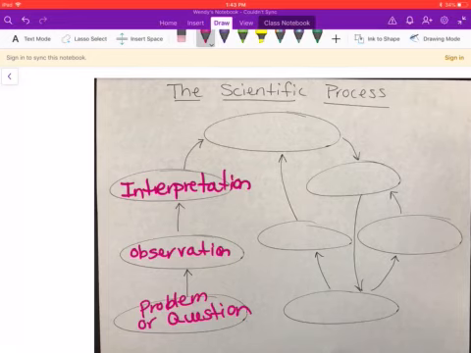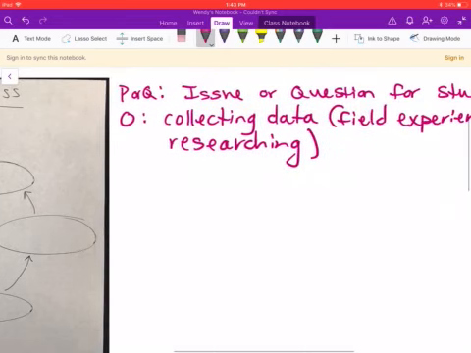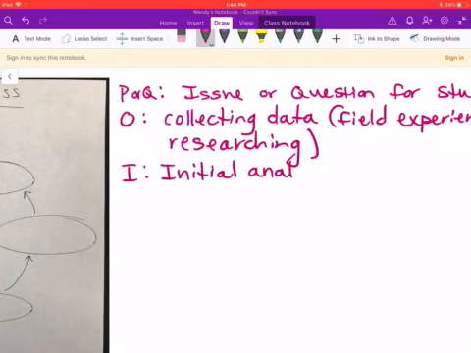So this is where I look at all the data, the results of my research, and I determine what that data means. So our interpretation is our initial analysis of our data and our research.